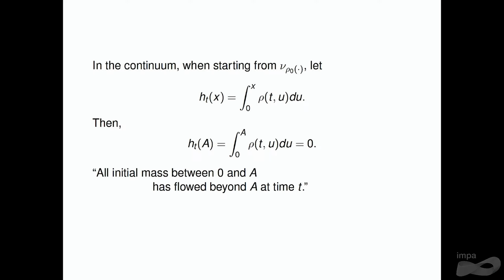Let's now try to go to this thing. You can call this a height function if you want. The integral of the density has some possibly nicer properties than the density itself. So if we integrate the density from 0 to x, let's call it h.